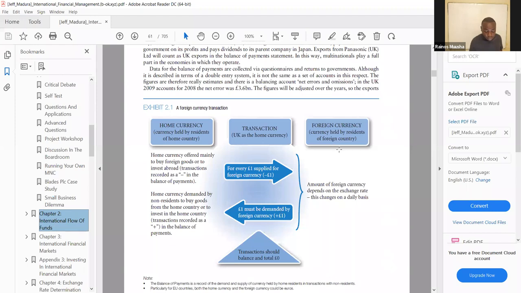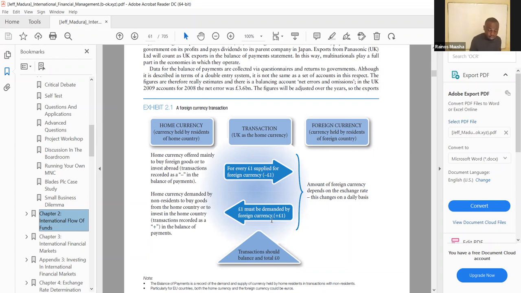So when you look at it from a foreign currency point of view, they say this is the currency held by residents of a foreign country. The amount of foreign currency depends on the exchange rate, so this changes on a daily basis. Ideally the transactions should balance to a total of zero, because you have an outflow and an inflow.